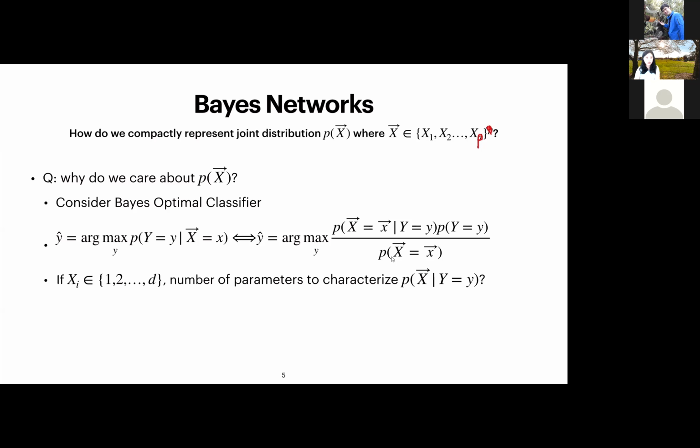So now my question is, if xi can take values from these discrete integers from 1 to d, then what's the number of parameters you need in order to characterize this conditional probability, the probability of x given y equals small y?